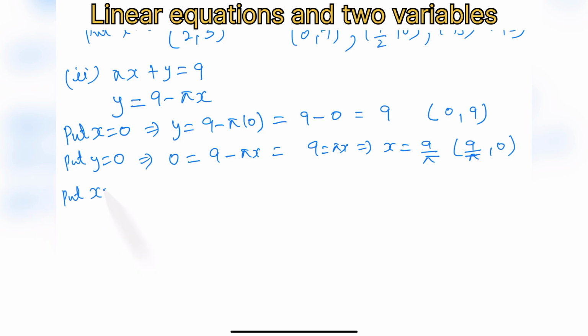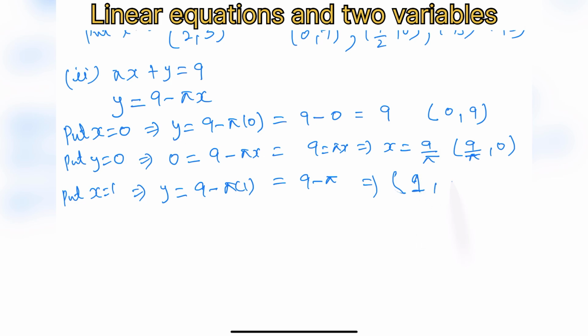Now put x equal to 1. So we got y is equal to 9 minus pi into 1, which is 9 minus pi. No need to put the value of pi. We put the value of x equal to 1 and got the value of y as 9 minus pi.